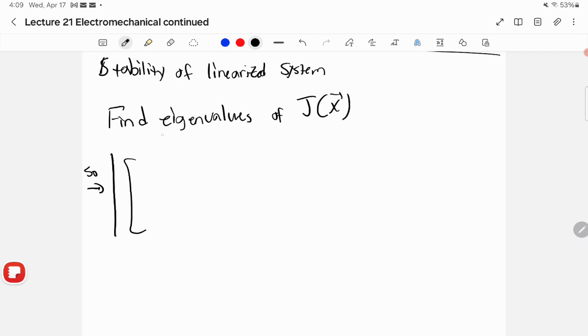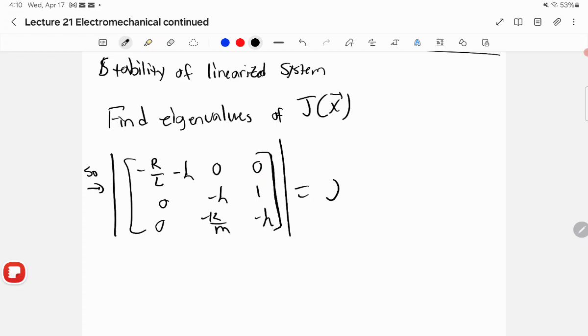So we need to find the determinant of this matrix, and we need to set that equal to 0, because that's how you find the eigenvalues.